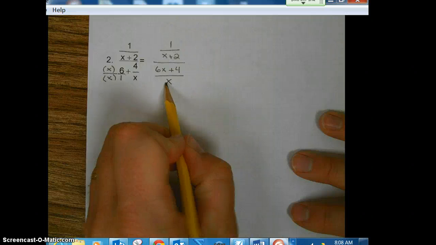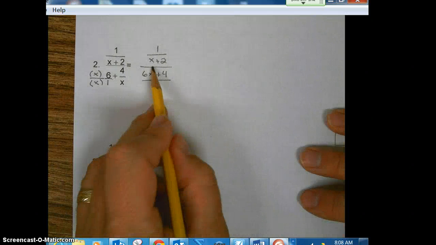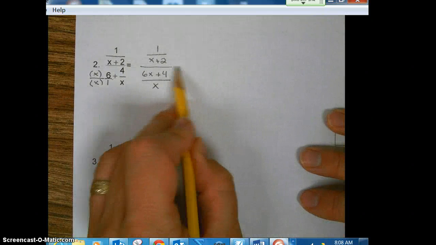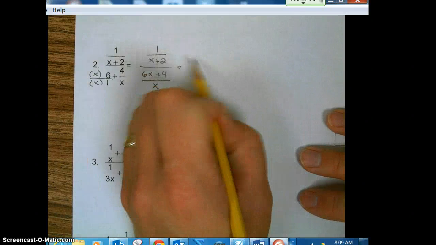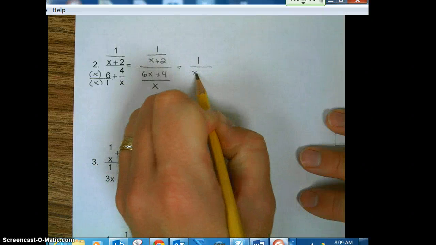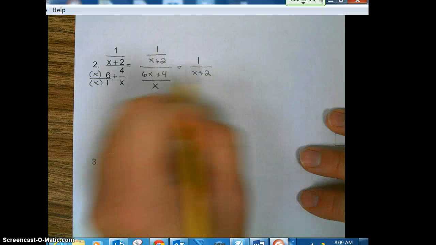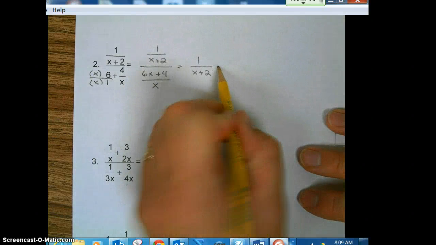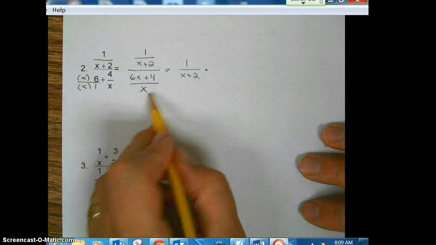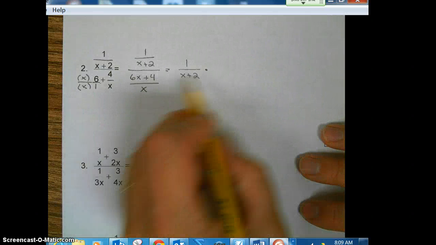Next, the same principle applies. We're dividing 2 fractions, so we write down the numerator. Division changes to multiplication, and then we do the reciprocal on the denominator.